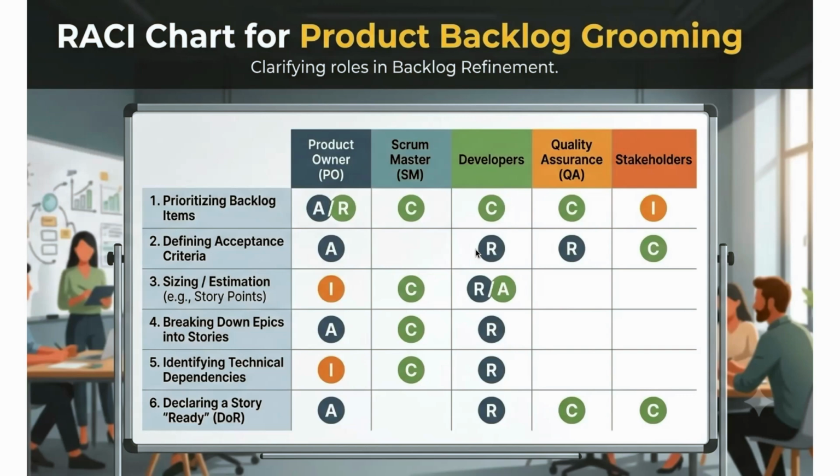Developers are responsible. Maybe the developers will write it and the product owner will approve it. Quality assurance is also responsible to write down the acceptance criteria at the user story level. And whoever needs to know about the acceptance criteria, that communication can go to the stakeholders, because that will help.